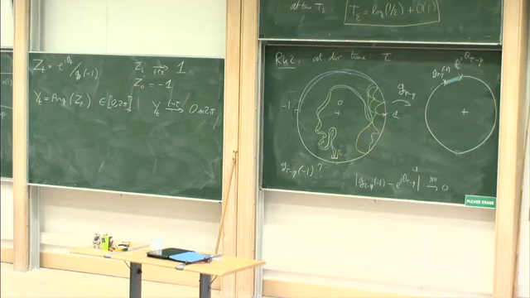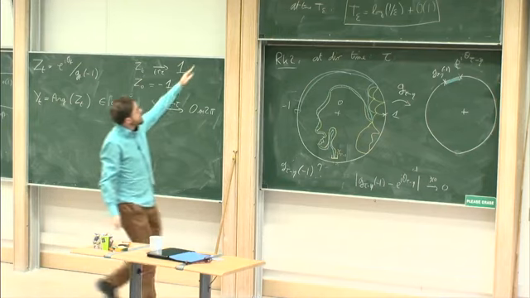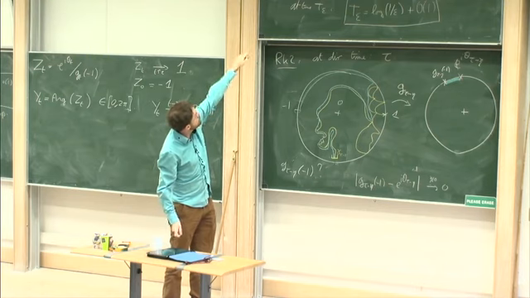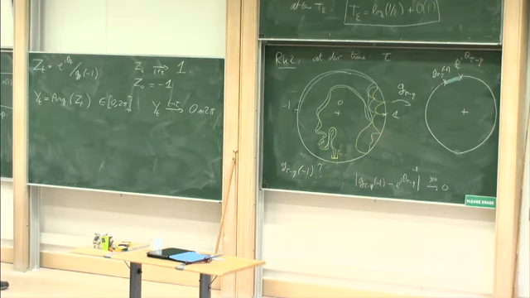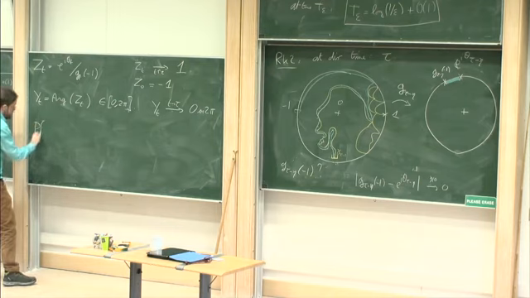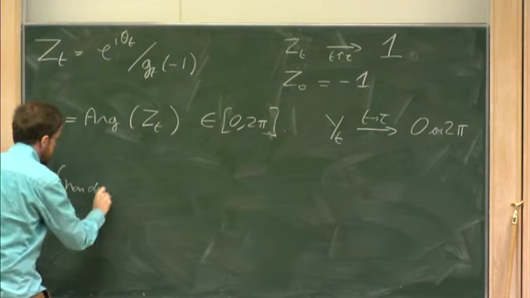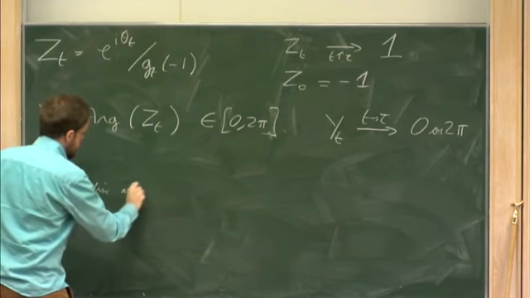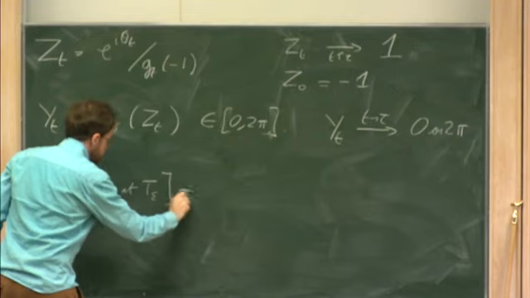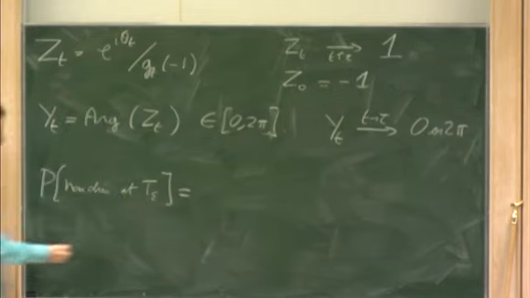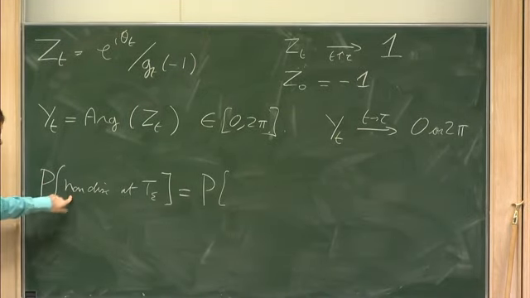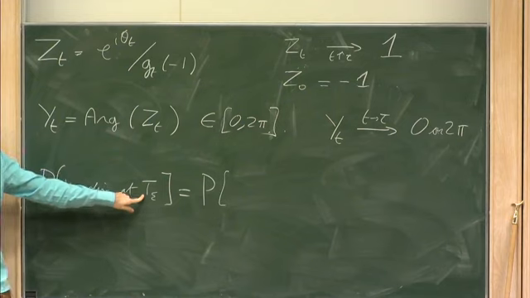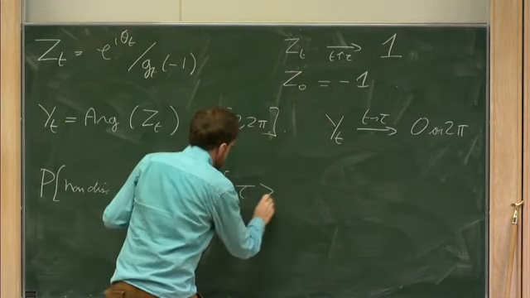Okay, and then the last remark is that because of this remark and the definition of the stopping time, essentially the probability we want to compute, so the probability that you have non-disconnection at T epsilon, well, that's the probability that the disconnection time is bigger than T epsilon, tau bigger than T epsilon.